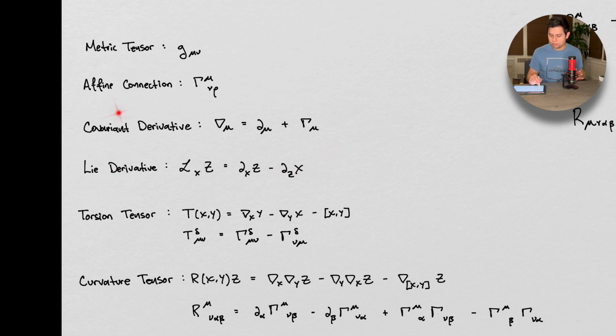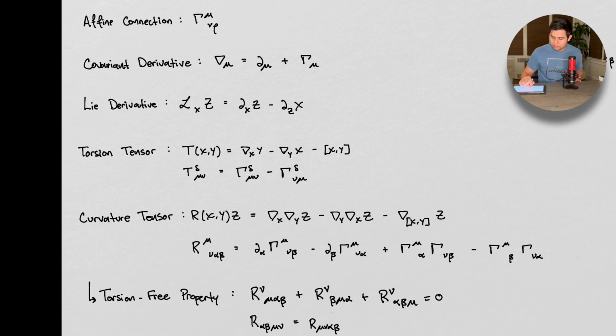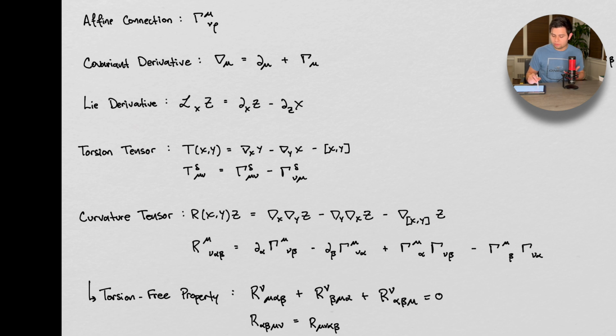We covered all this. Then from the Lie derivative, we talked about the torsion tensor and how the Lie derivative played a role in the torsion tensor. And so we have the two equations here. The torsion tensor can be thought of as taking in two arguments, right? These are two directions, and spitting out a number, or spitting out a vector, right?